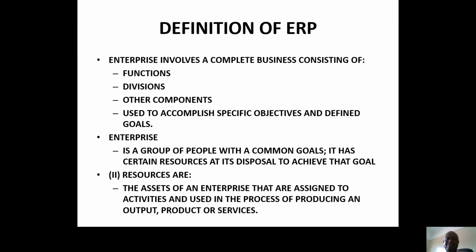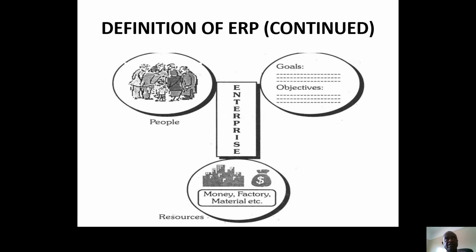They are assigned to activities used to process and come out with some products and services. So that's the enterprise. Diagrammatically, that's what we're talking about: people and their goals and objectives, but they must use resources as listed in the diagram. All right, so that's ERP.